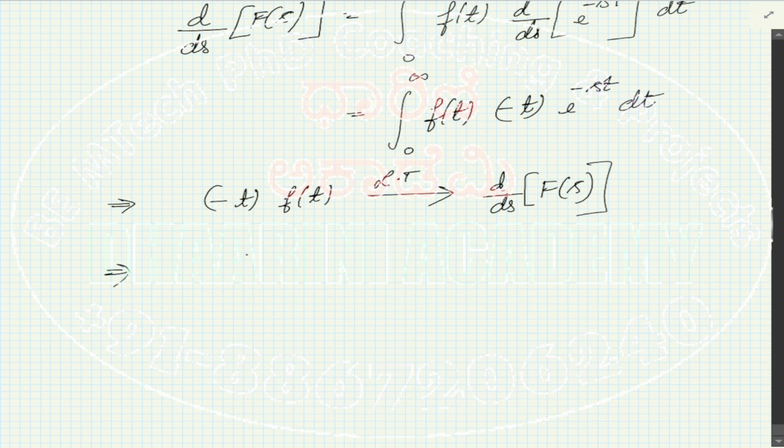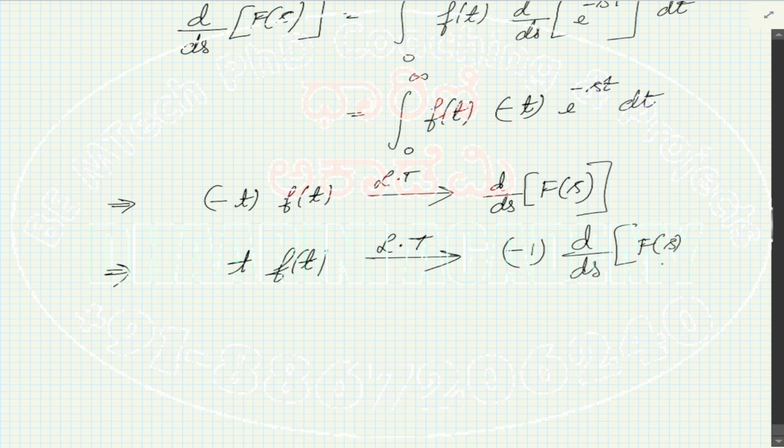This also implies, simply I write t into f of t will have its Laplace as minus 1 into the d by ds of F of s. Simply I am taking the minus to the other side.